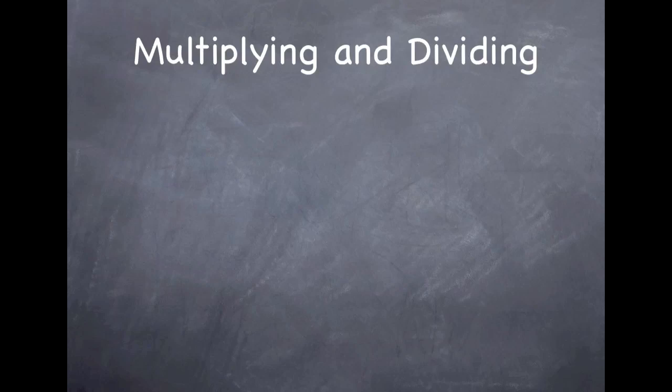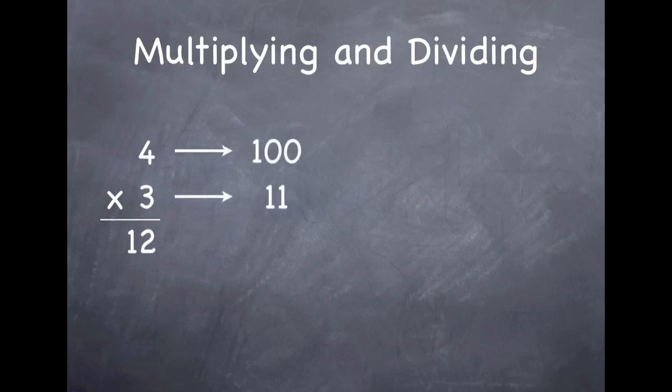You may expect multiplying and dividing binary numbers to be quite difficult, but it's probably more like what you'd do in decimal than adding and subtracting was. But I'll use the same method as before just to show you how it's done. 4 times 3 is 12. 4 is 100, 3 is 11, and 12 is 1100.